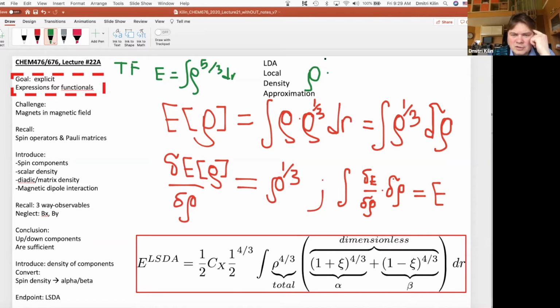There are reasons to change the power from 5/3 to 4/3. And one can represent the product of this 4/3 as rho to the power 1, or 3/3, times rho to the power 1/3.